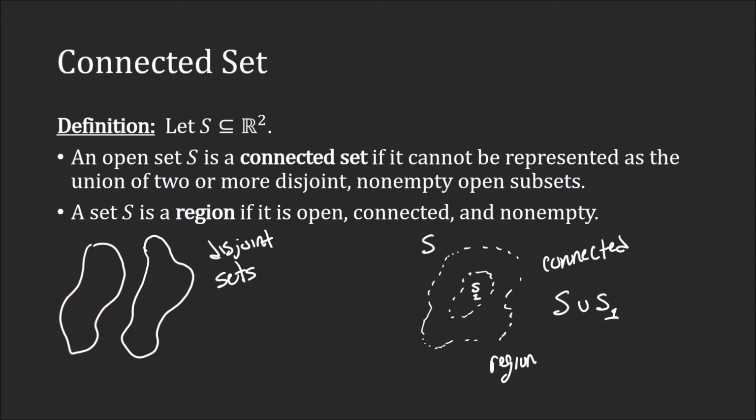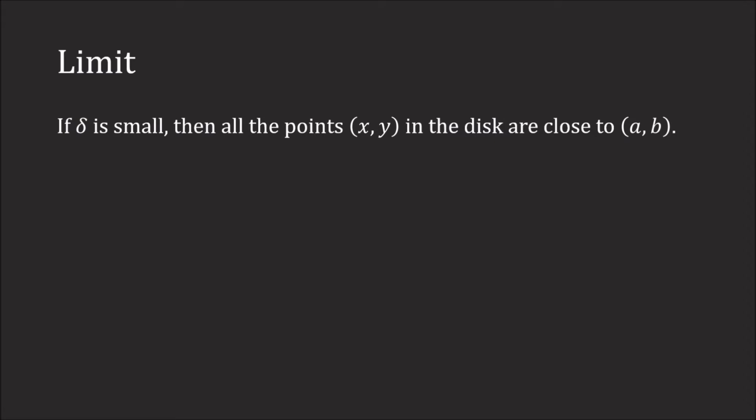Okay, now we can introduce the calculus of multivariate functions. If delta is small, then all the points (x, y) in the disk are close to (a, b). I'm going to redraw my disk.